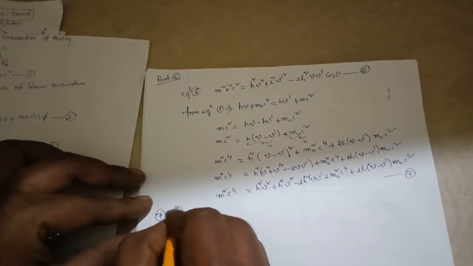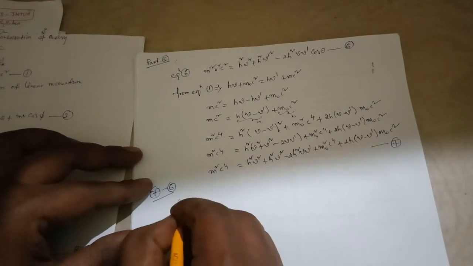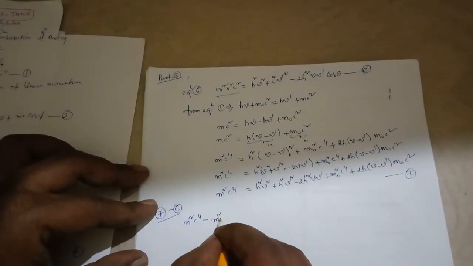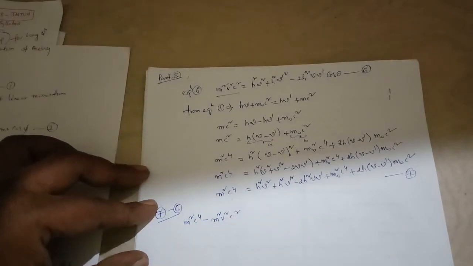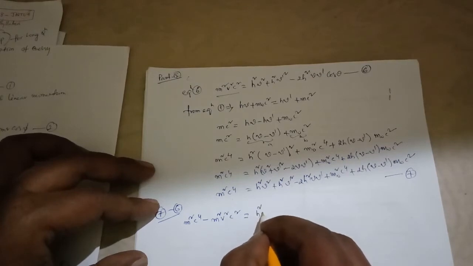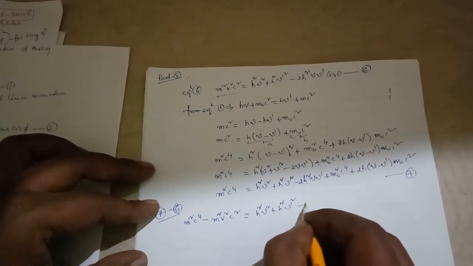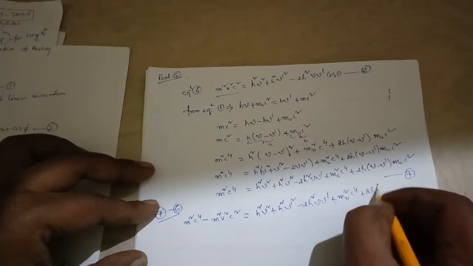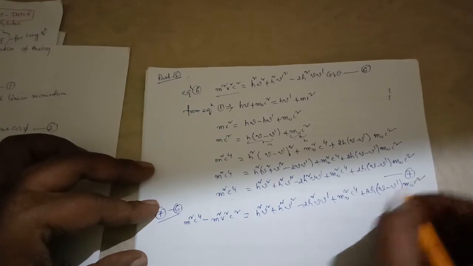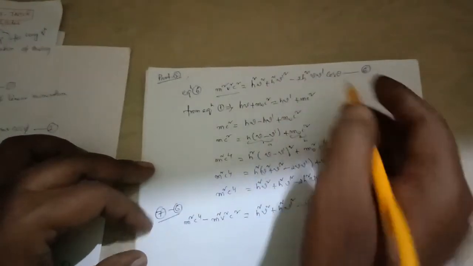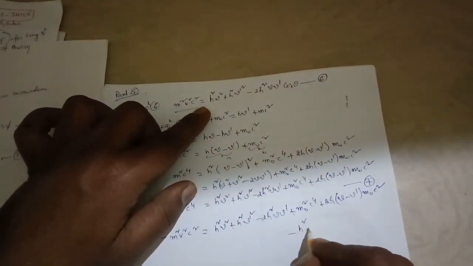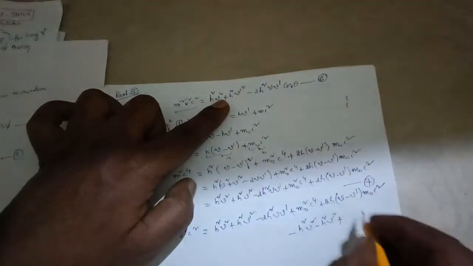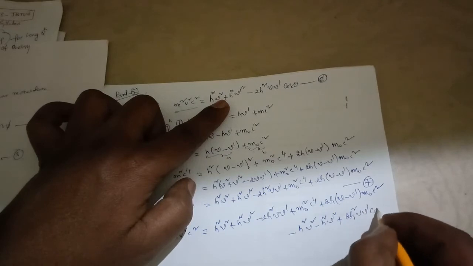Now let us do 7 minus 6. What is 7? It is m square c power 4, minus 6, which is m square v square c square, equal to h square mu square plus h square mu dash square minus 2h square mu mu dash plus m naught square c power 4 plus 2h into (mu minus mu dash) into m naught c square, minus this term: h square mu square plus h square mu dash square minus 2h square mu mu dash cos theta.